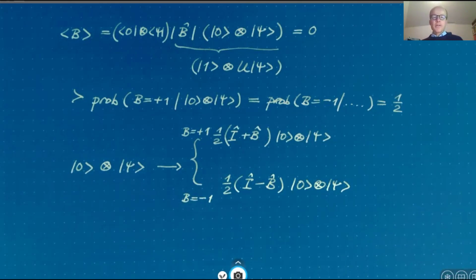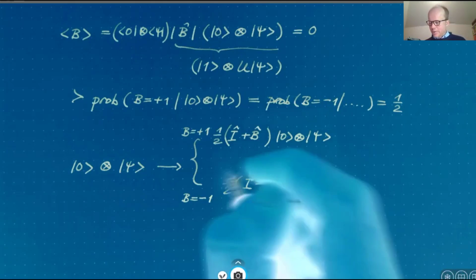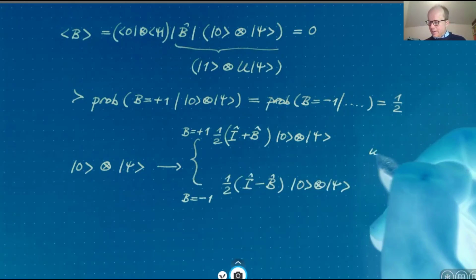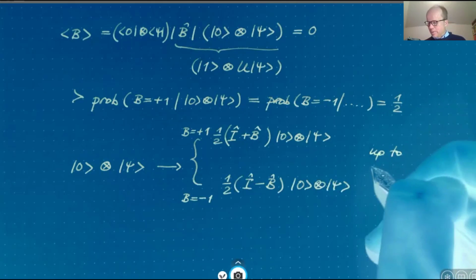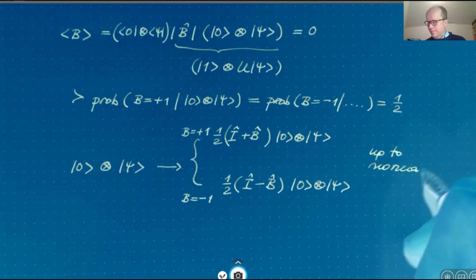And after the projection, the result is in general no longer a unit vector. So we have to renormalize that projected vector, but we don't care about this normalization factor. Imagine this is just a proportionality, and here I write up to normalization factor.